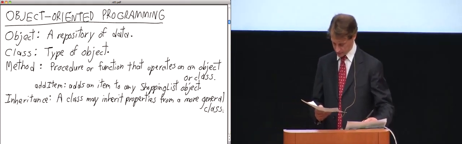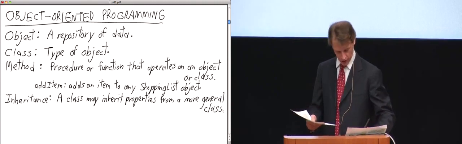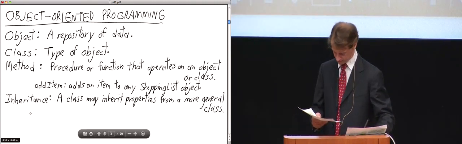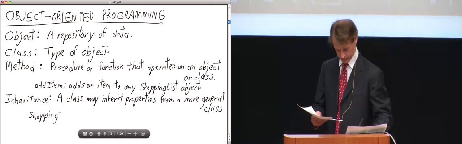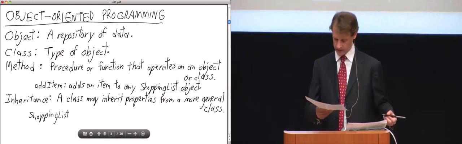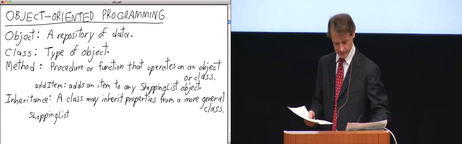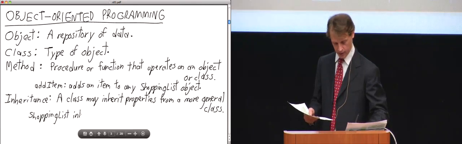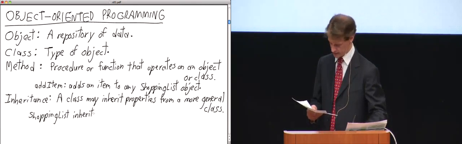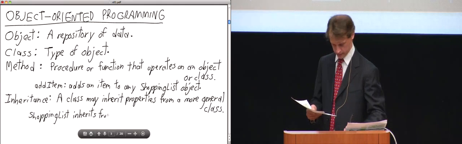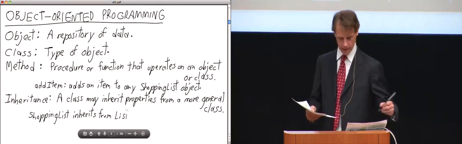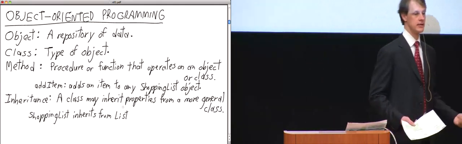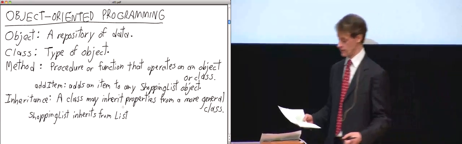And to give an example, a shopping list can be a class that inherits all the properties of the list class. And one thing it would inherit is the property of storing a list of things.